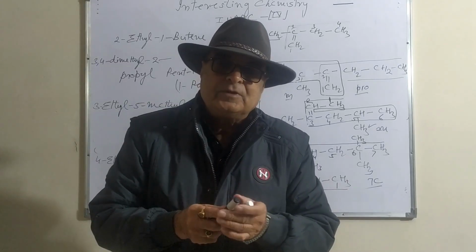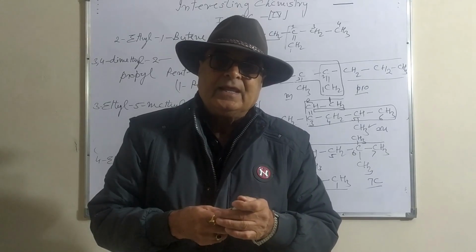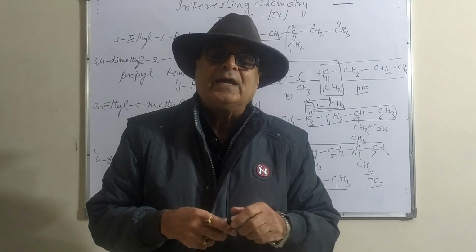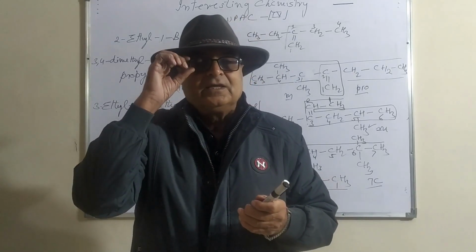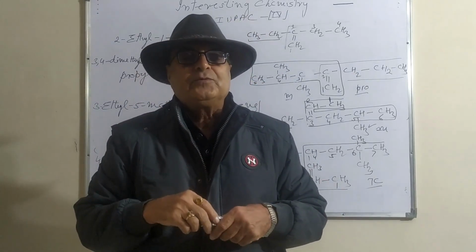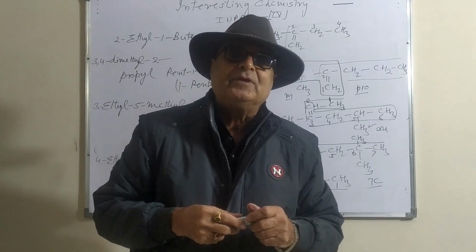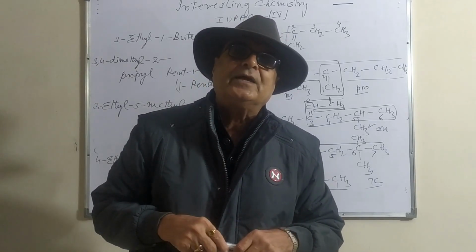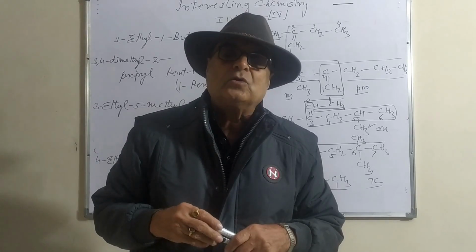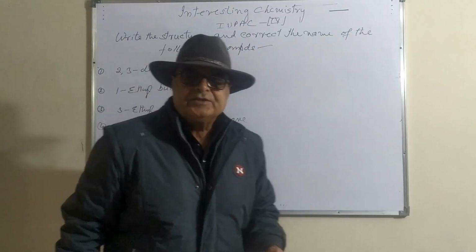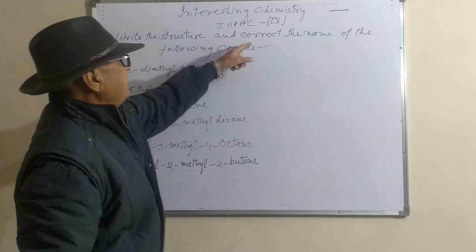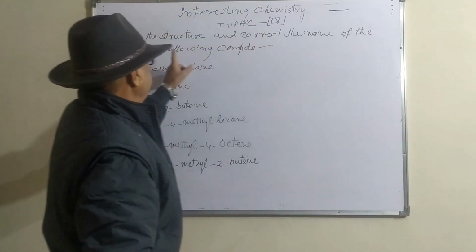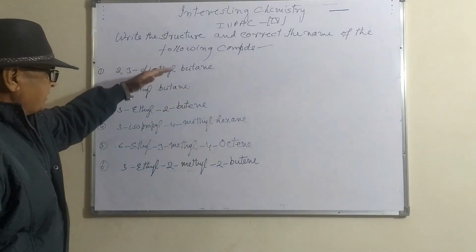I will give you some names of alkenes or alkanes. You have to write the structure of them. If you find any error in them, then correct the name of those alkenes or alkanes. So these are the compounds.